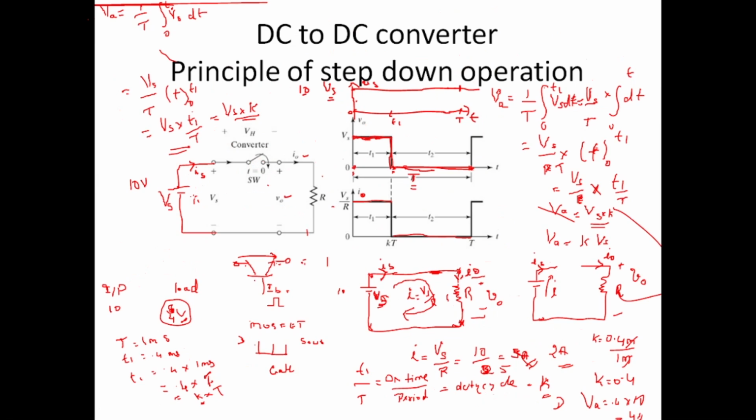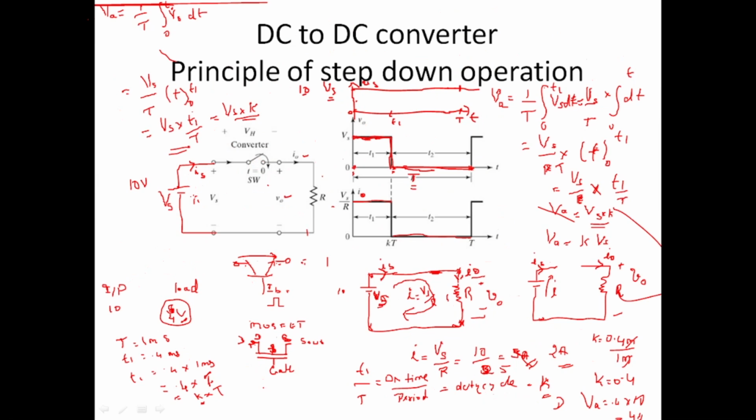If you consider this a transistor, we have assumed that the collector to emitter drop, while current is flowing from collector to emitter, is 0. And if it is a MOSFET, the drop in between drain and source is 0.